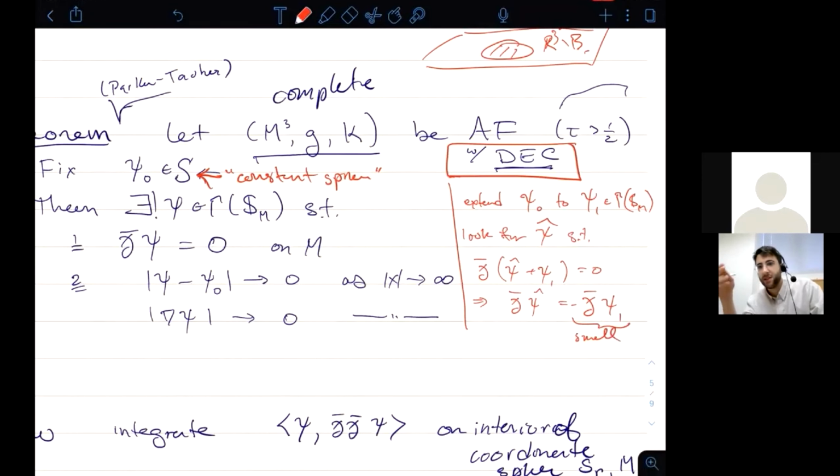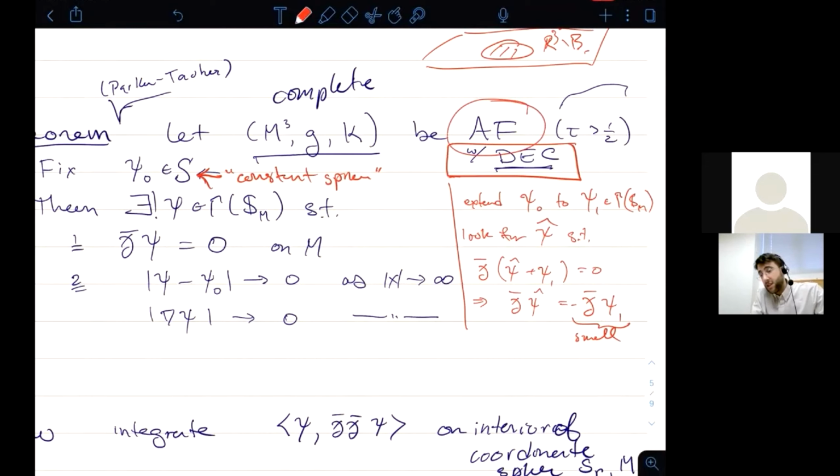It should be small since phi1 is literally the constant spinor at infinity, and your manifold is converging to flat space as you go farther out. It's asymptotically flat.